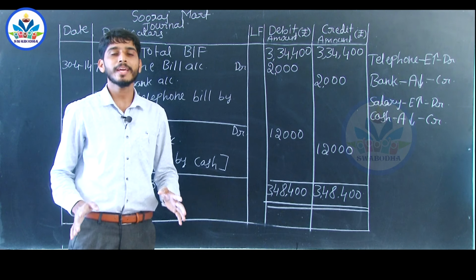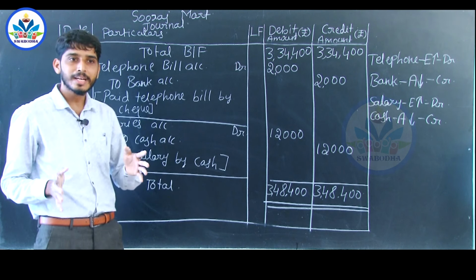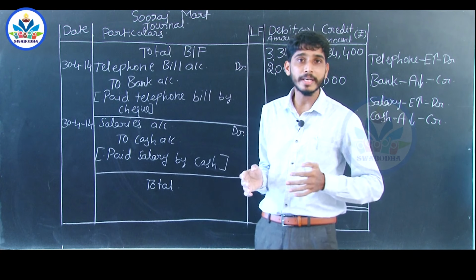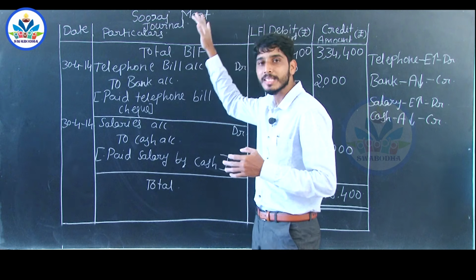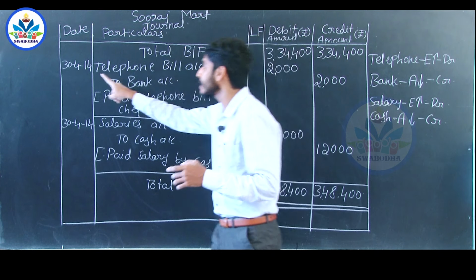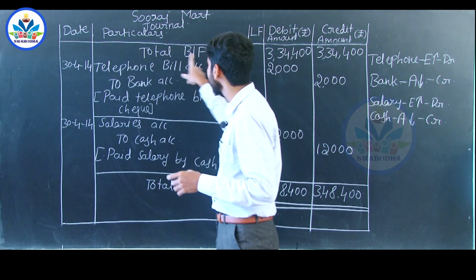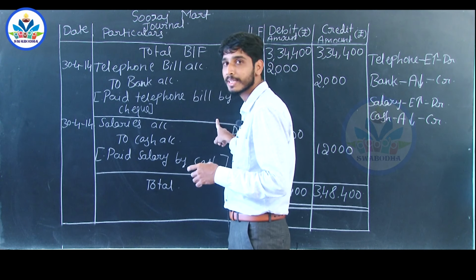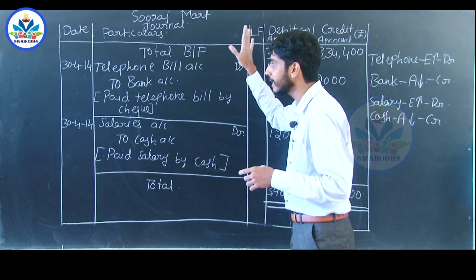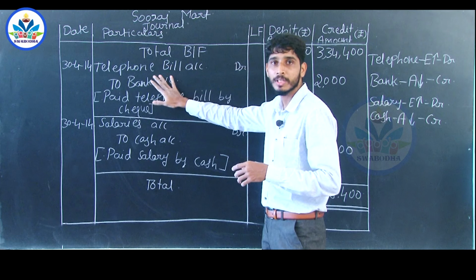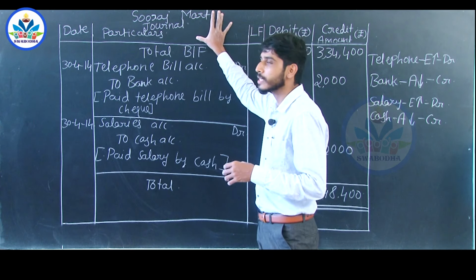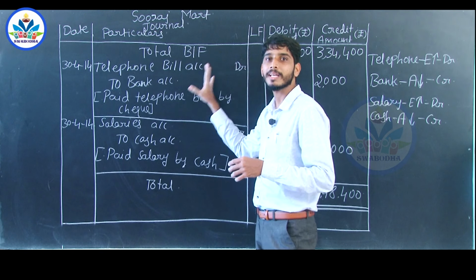So, this is the way in which the transactions related to any business organization are being recorded in the journal book in a systematic way, so that we have a reference when the transaction has taken place, which are the accounts that have been debited and credited, what is the amount of transaction. All this information we can easily access if we have the record of all these transactions related to a particular business organization in a systematic way.